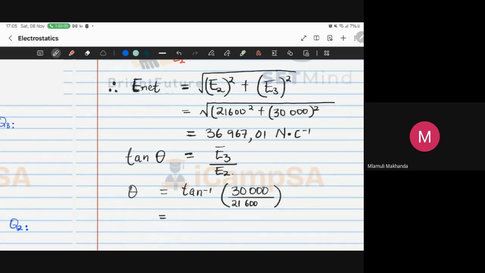Right, then now you say the tan inverse of 30,000 over 21,600 is actually 54.25 degrees. Right, so that will be your final answer.